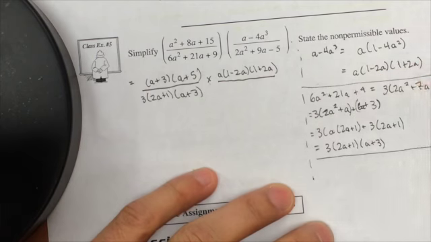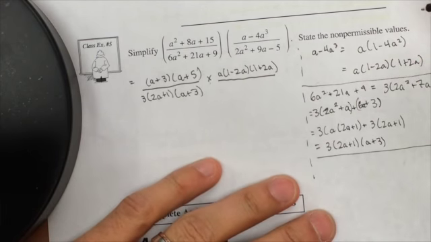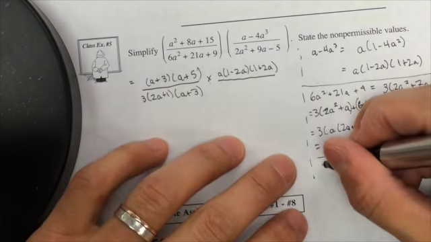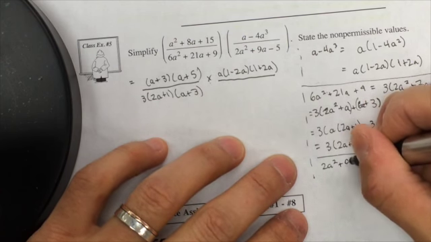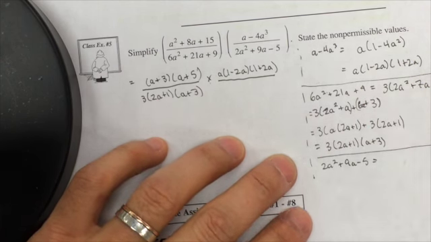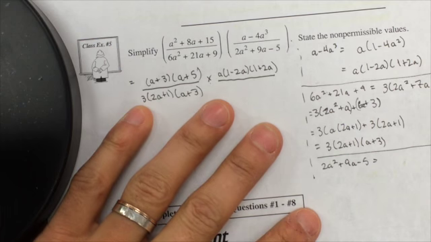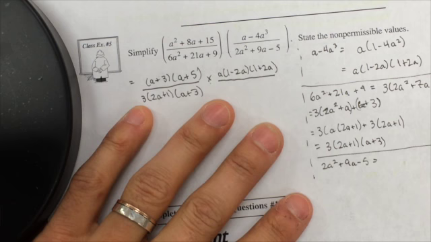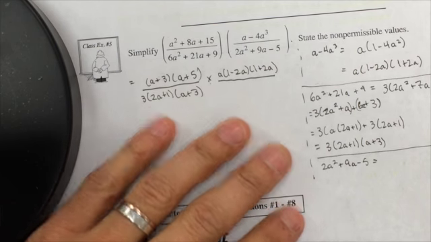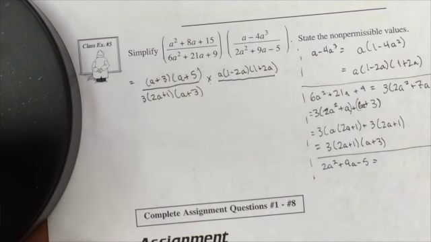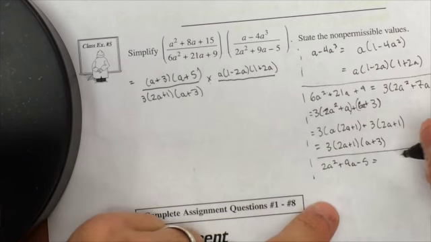And then my last term, I'm going to have to factor using decomposition as well. So 2a squared plus 9a minus 5. Multiply to give me negative 10 and add to give me 9. So if I use 10 and negative 1, then that'll do the trick.